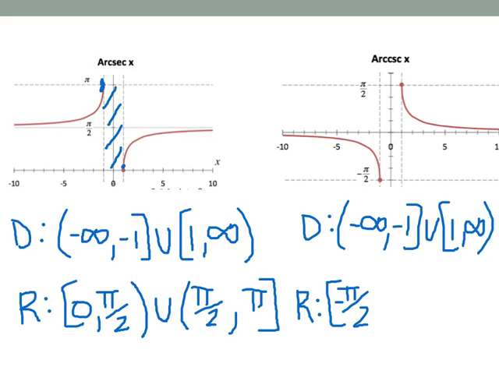And then in this case, 0 is a horizontal asymptote. And then we continue from 0 to positive pi over 2.